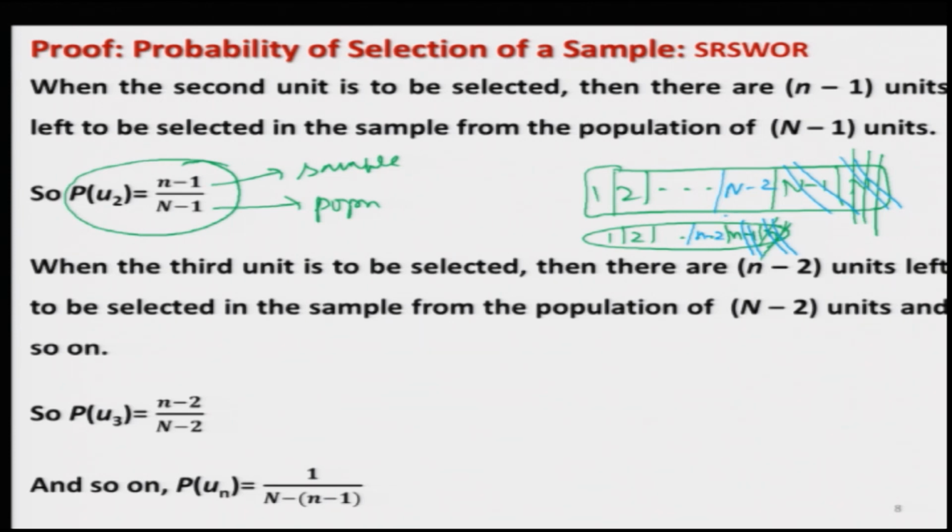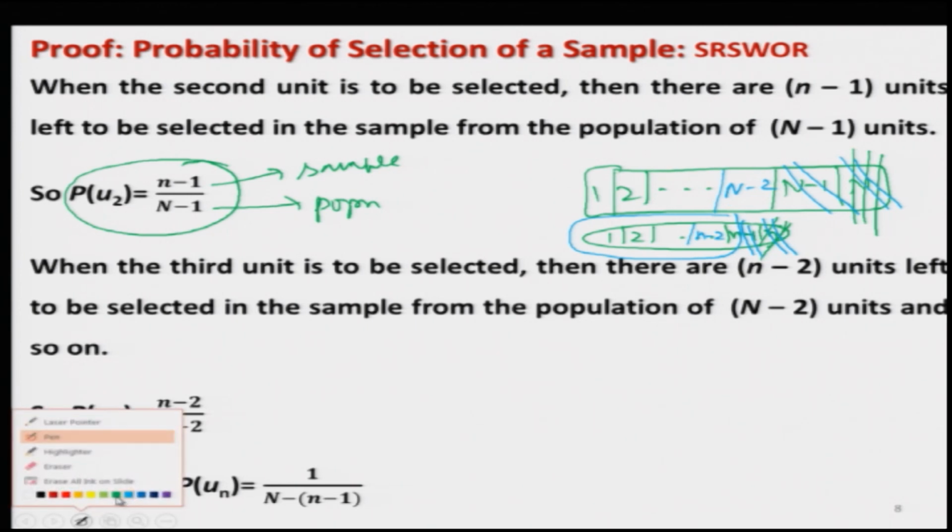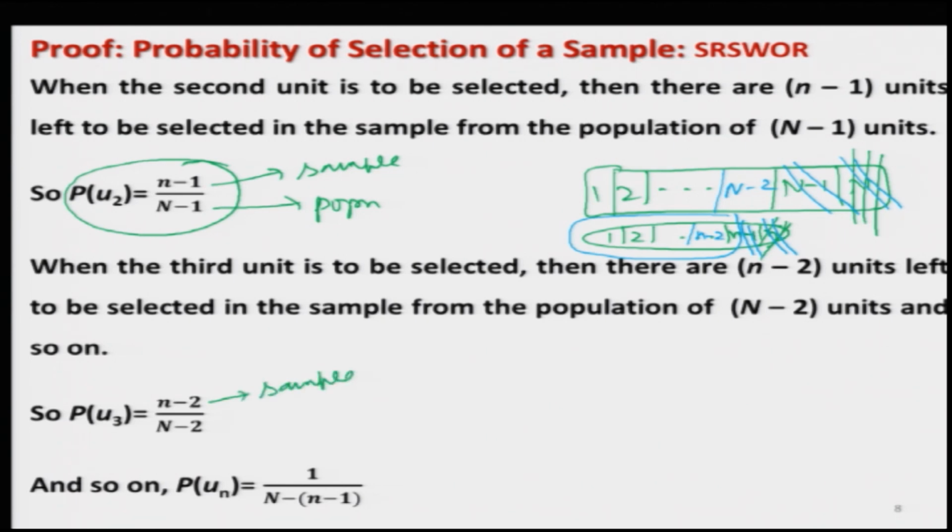So, the remaining sampling units are small n minus 2, and when I am trying to compute this probability, the probability of selection of third unit will be the sample size available to us divided by the population size available to us. So, this is small n minus 2 upon capital N minus 2.